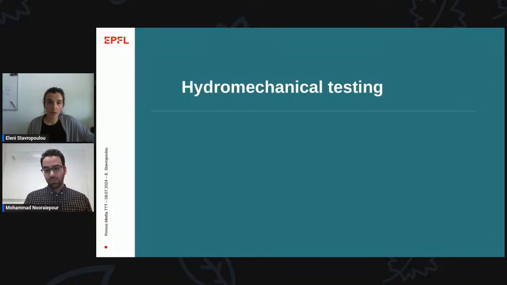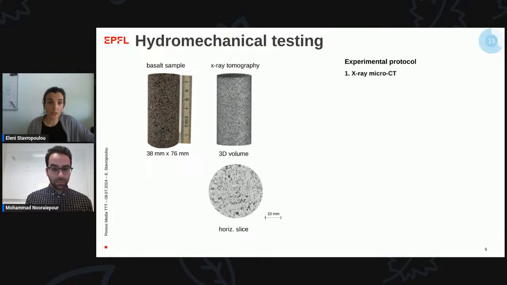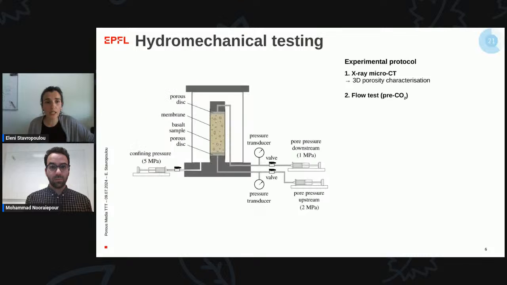Okay, knowing all that, we go now to the lab and actually try to test this material, inject CO2 and see how it reacts with the dissolved CO2. What we did is that, for instance, we took our sample. As I said, we pass it through the X-ray tomograph to have the initial pore structure. This we did for all samples, and so we have the real 3D porosity of the material.